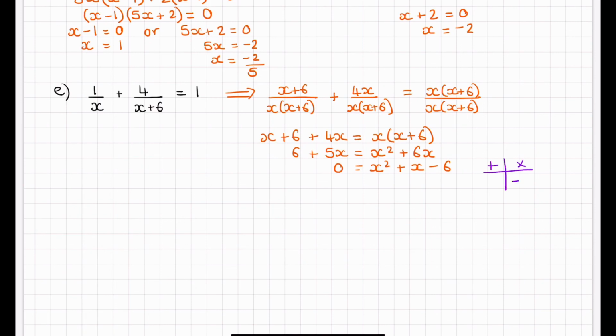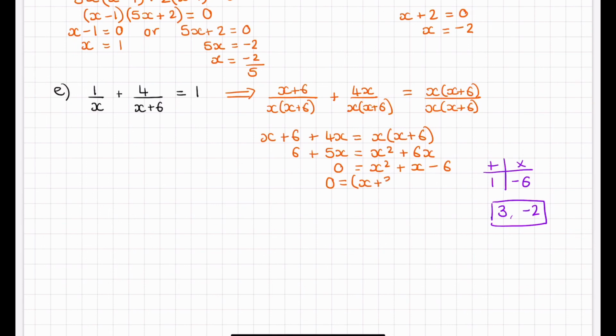So when it multiplies, we'll get negative 6, and when we add two numbers, we'll get 1. And you'll find those two numbers are 3 and -2. So 3 times -2 is -6, 3 plus -2 is 1. Now once again, because there's no number here in front of the x squared, we can just put these numbers straight into the brackets.